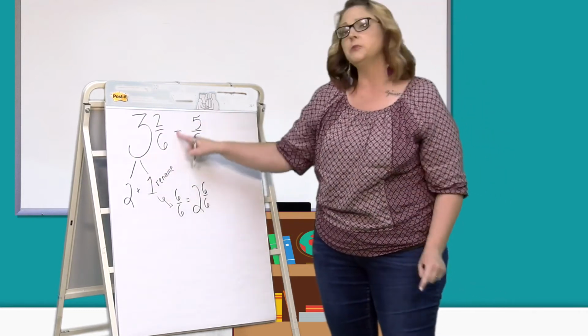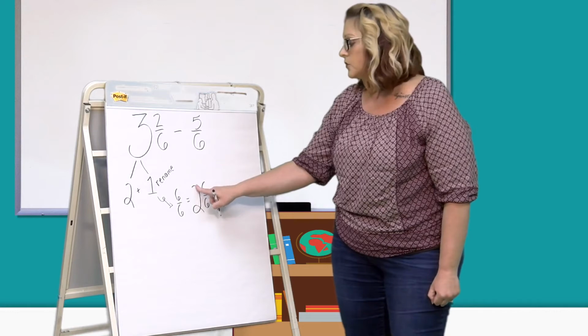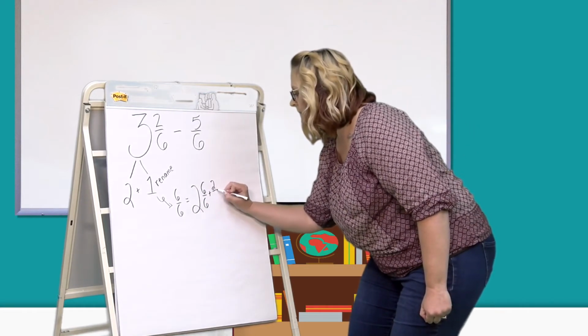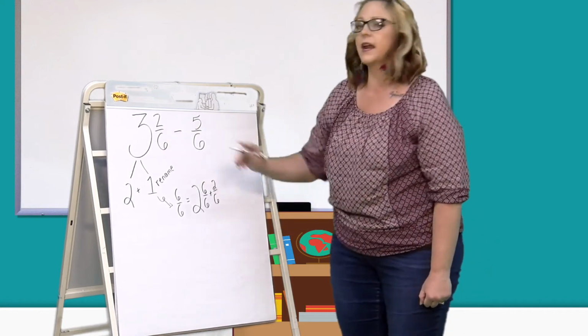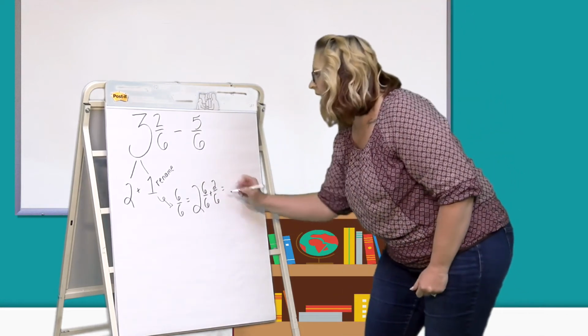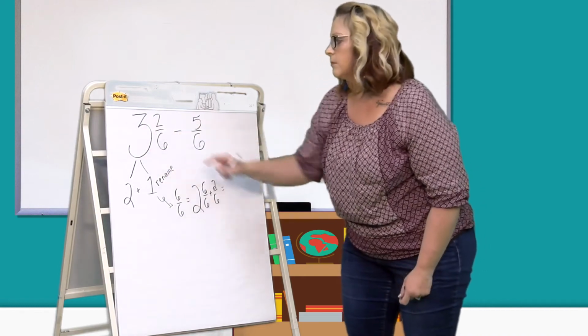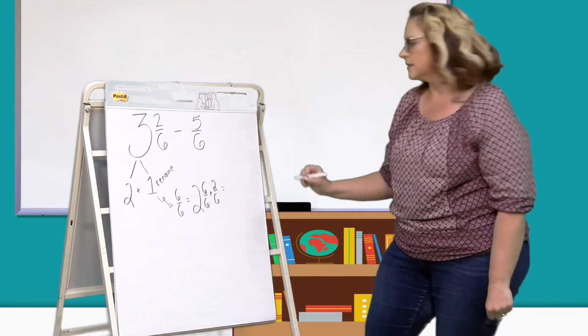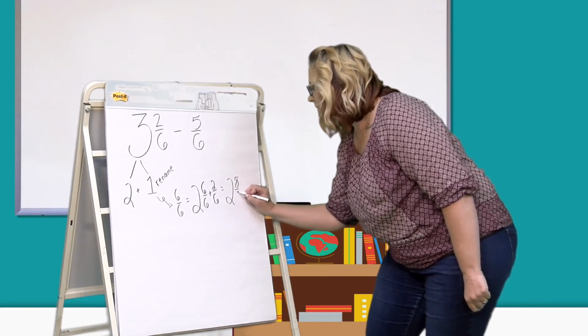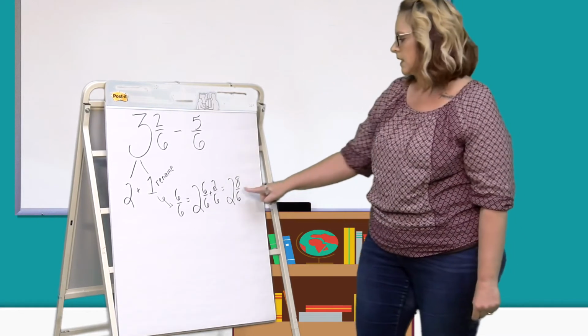So my original mixed number is now 2 and 6/6 plus the 2/6 that I had to begin with. So we now have taken this mixed number and we've renamed it 2 and 8/6.